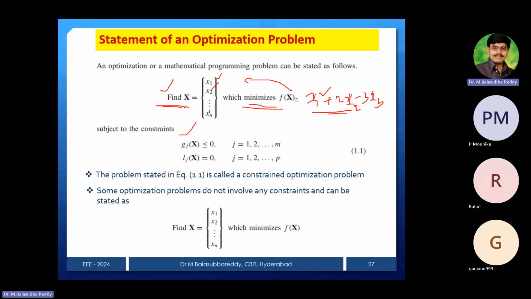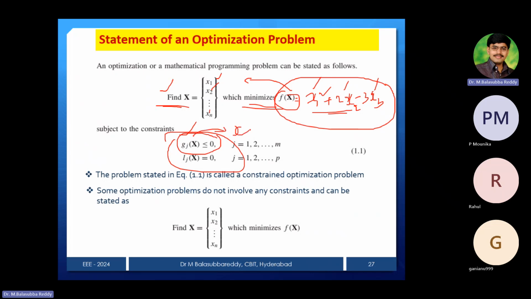Those variables are in the equation the objective function consists of. Now while solving this f of x, our intention is to find the x1 value, x2 value, x3 value, then only we get f of x. And once you know the x1, x2, x3 values, they have to satisfy this condition also: g of x less than or equal to 0. g of x means another combination of equation.